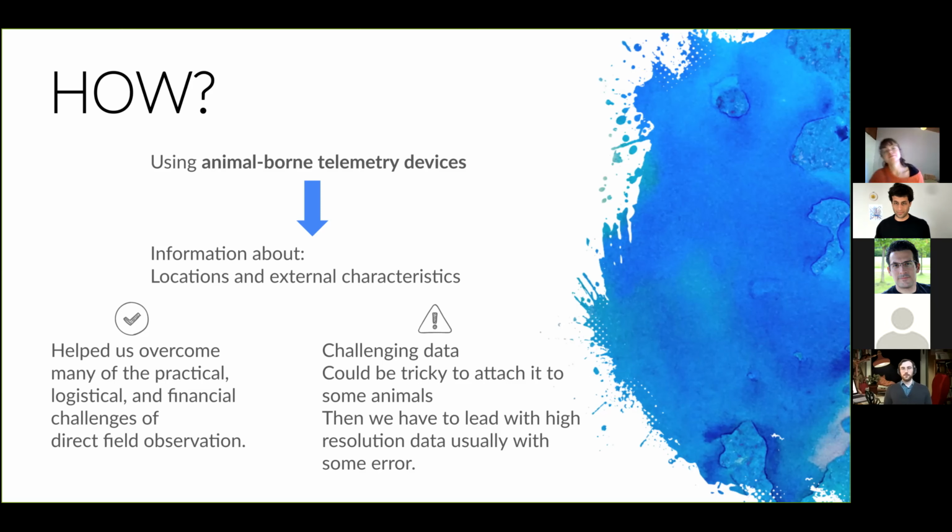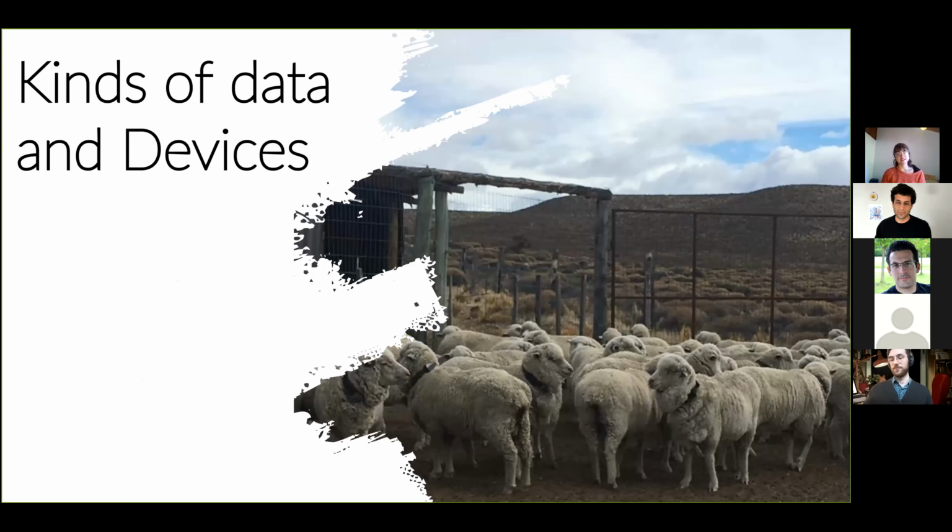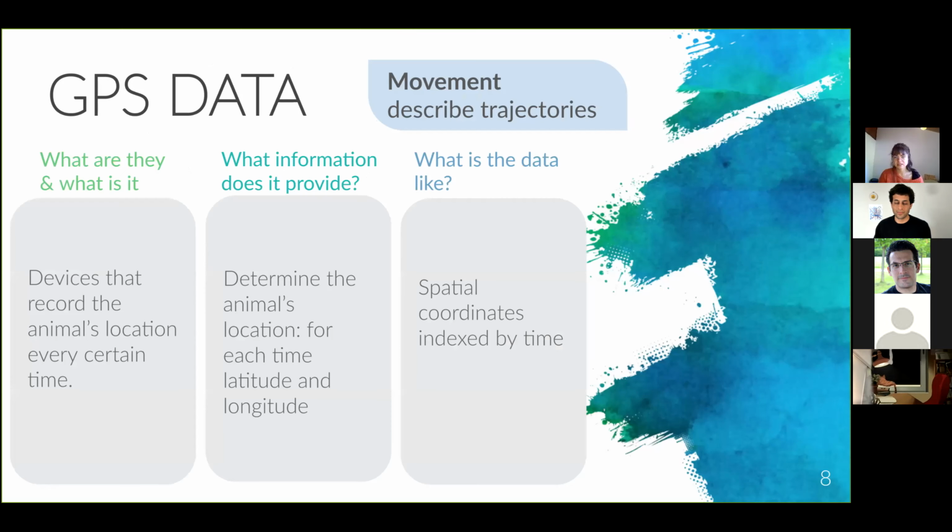So now I'm going to talk about the different kinds of data and devices that are available to study how animals move. I'm just going to talk about the devices that we use here in Bariloche, but I want you to know that there is much more technology if you want. So GPS data, I think, is the best known data. These devices give us information about the animal's location every certain time.